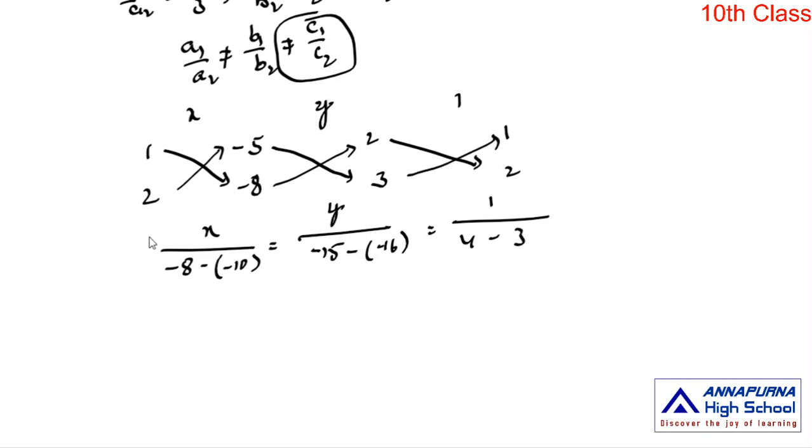Okay, so when you do this step, the order is the most important. First you multiply these two only, minus these two.